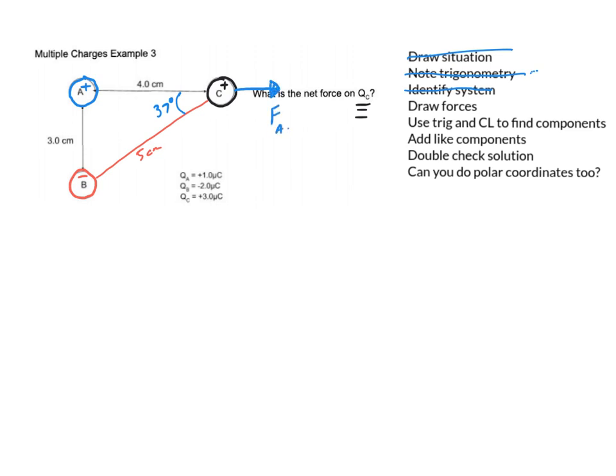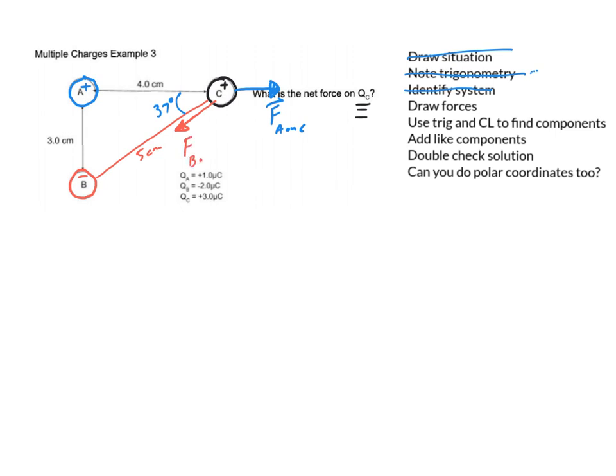Force of A on C. Okay. B is going to be an attractive force because it's negative and C is positive. So that's going to be, I'm just drawing it just off to the side of the other line so it's easy to see it.